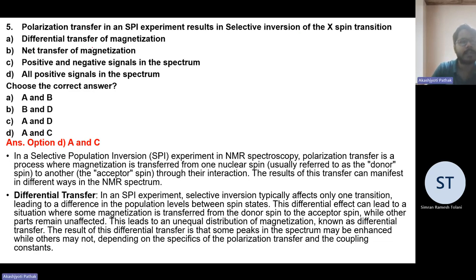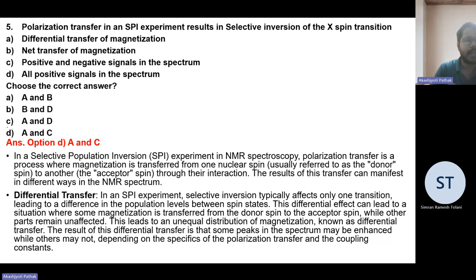Options: differential transfer of magnetization, net transfer of magnetization, positive and negative signals in the spectrum, all positive signals in the spectrum. So why does this selective inversion happen? Choose the correct answer.